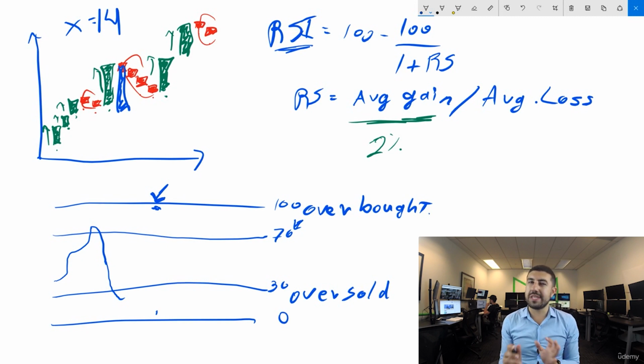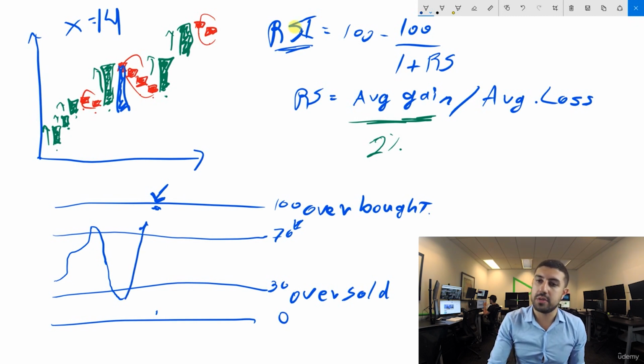Again, when we're saying oversold, that means the red candles were way bigger, so people sold so much more aggressively that they took a beating. It's too much. Shouldn't be as down. And when the green candles are way big, it means it's overbought.